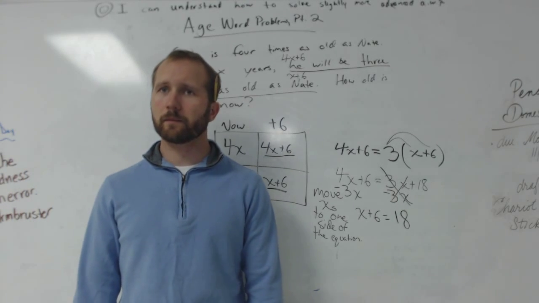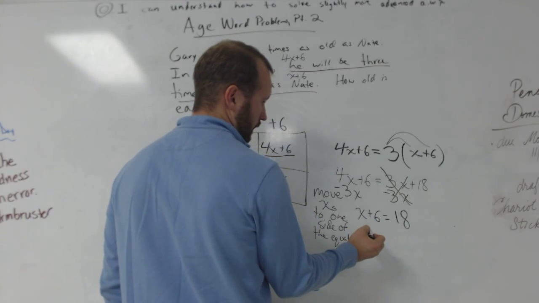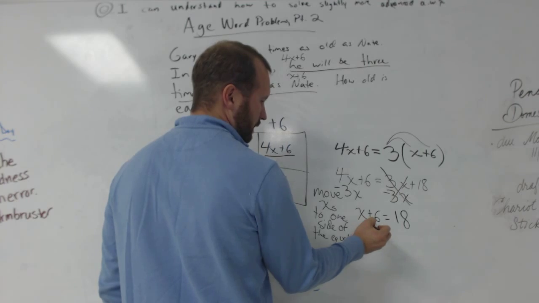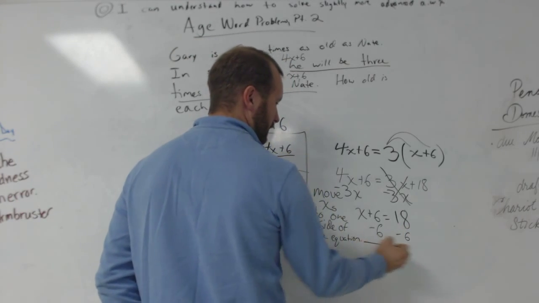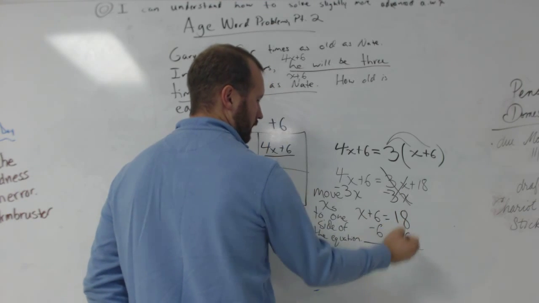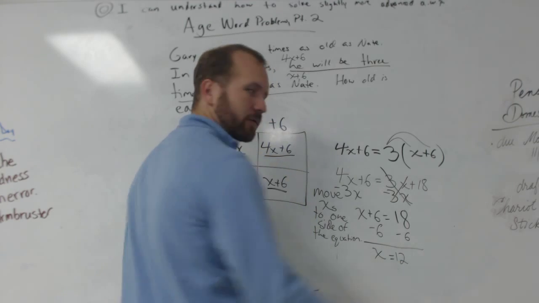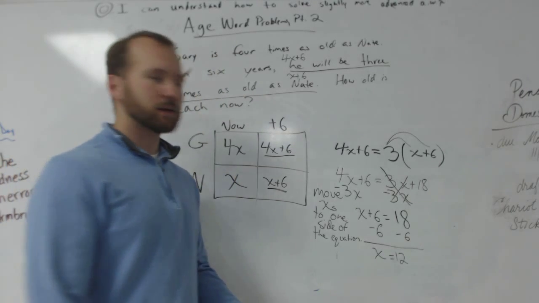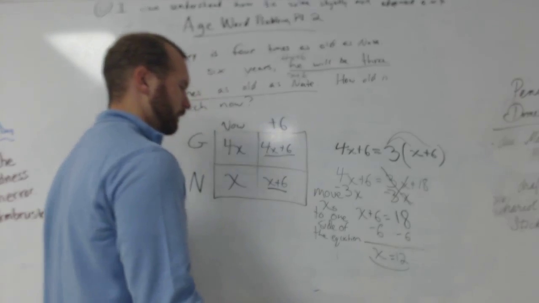What's the next step? We subtract 6 from both sides. So we get x equals 12. There's nothing in front of x, so I don't have to divide. I already have x equals 12.